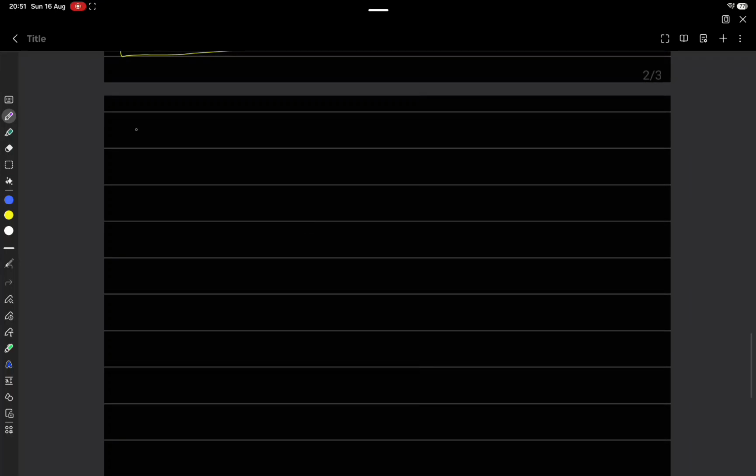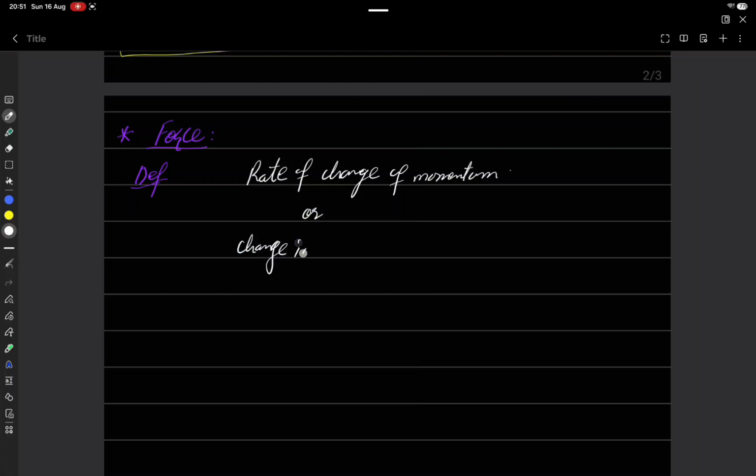Now the next is force. How do we define force? Definition: rate of change of momentum, or change in momentum per unit time.